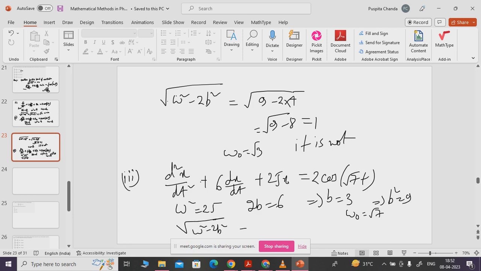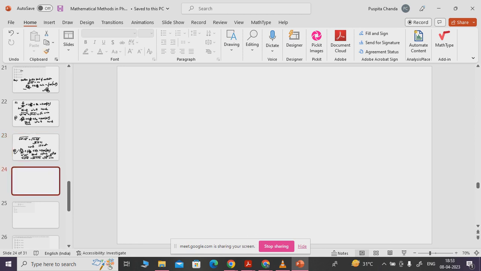So omega square minus 2b square will be 25 minus 2 into 9, which is 18, 25 minus 18 is 7, root of which is root 7, equal to omega naught. So root 7 will be the resonant frequency, and the oscillation will be resonantly driven.